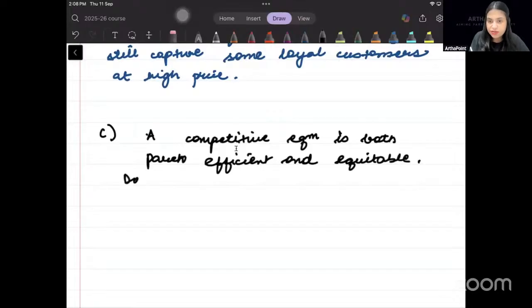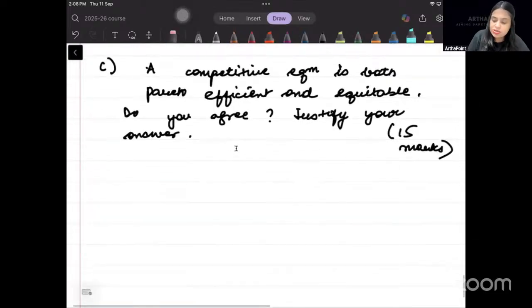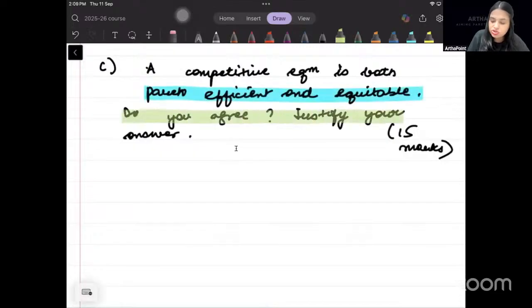Do you agree? Justify. Beta, I will take this tomorrow. I want all of you to answer this on your own. Practice this, huh? For 15 marks. A competitive equilibrium is both Pareto efficient and equitable. Do you agree? Justify your answer.